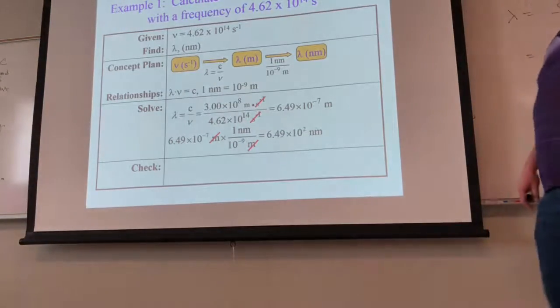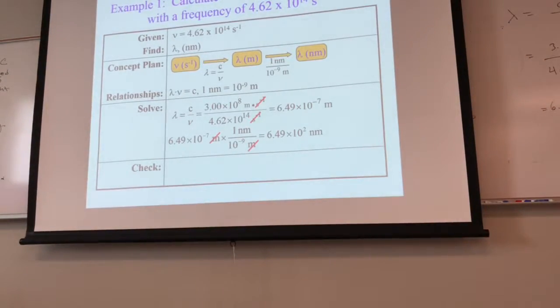Do you guys remember what a nano of something is? Nano is 10 to the negative 9th, okay? So that means there's 1 billion nanometers in a meter. If I had 1 meter, there would be 10 to the 9th nanometers.